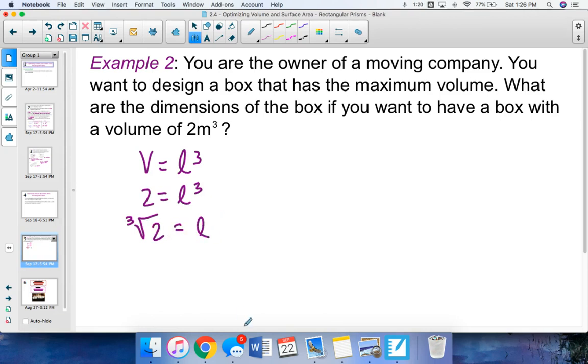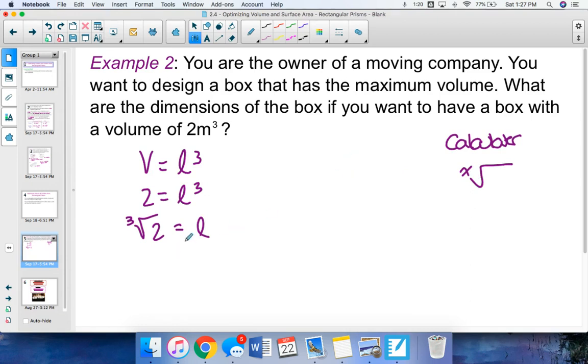Okay. So if you grab your calculator, you should see it on there somewhere. So on your calculator, okay, it's usually a button that looks like this. So you're going to do 3 and then that button and then 2.